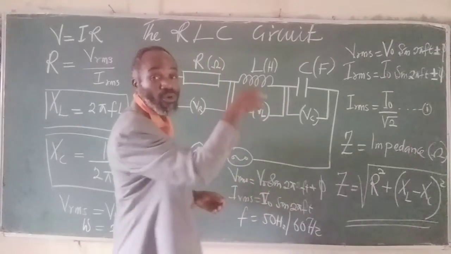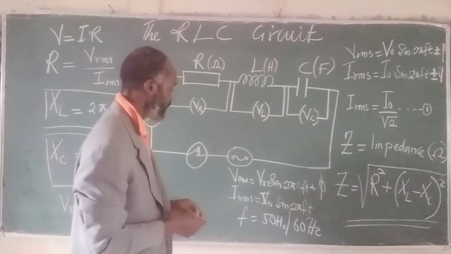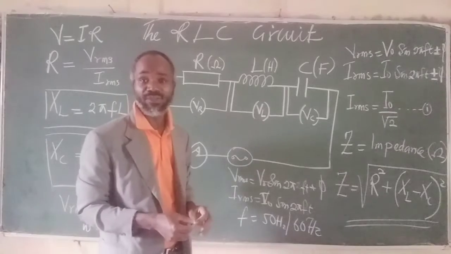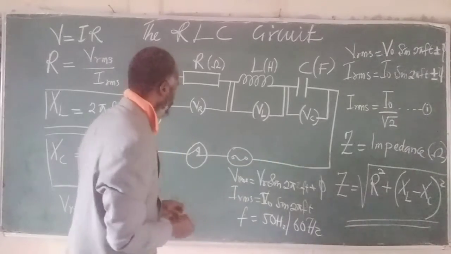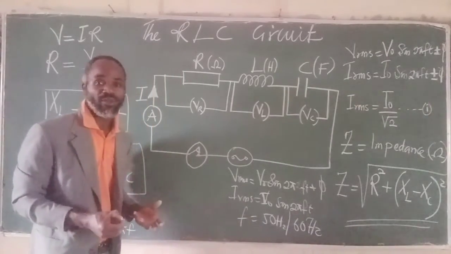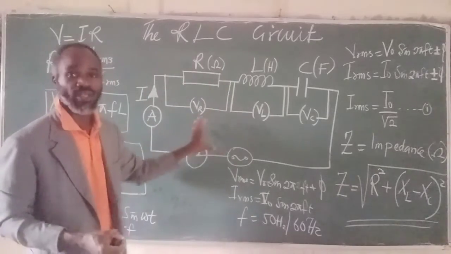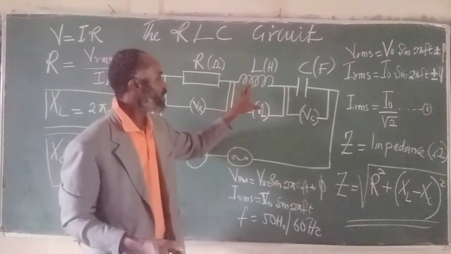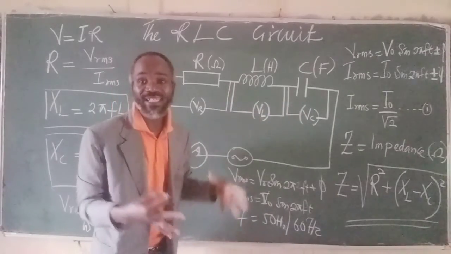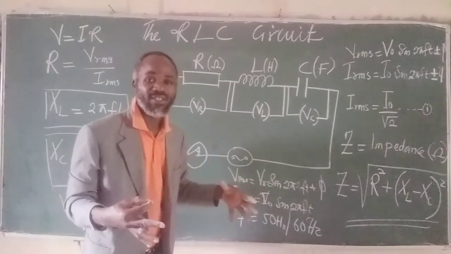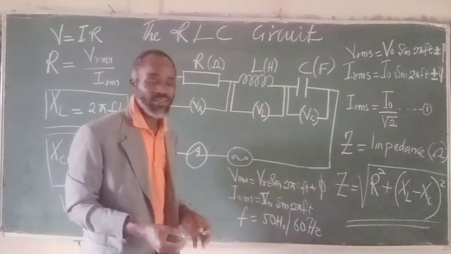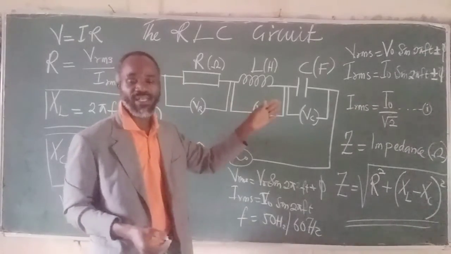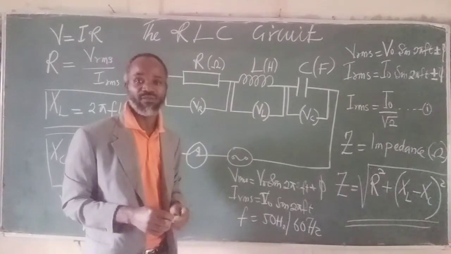So that's the essence of plus or minus, for clarity purposes, okay? Alright, so in my next class, what we're going to do is to solve problems on this, where these three components R, L and C are connected, and how we're going to find the total impedance. So that's what I'm going to do in my next class, and we're going to see how that is resolved.